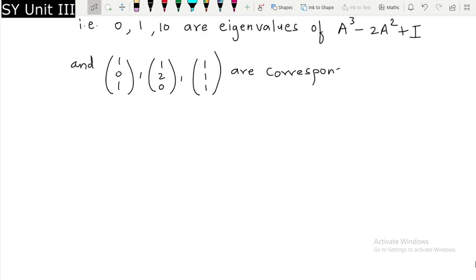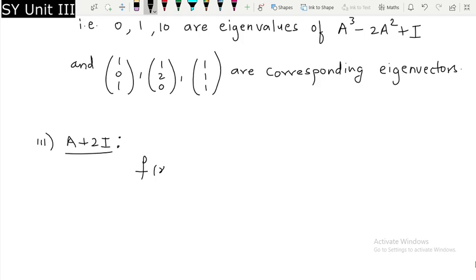One more is that third one, A plus 2I, and I leave it for homework. You can easily guess what the polynomial should be: x plus 2. So on similar lines you can do it. So that's all for this example.